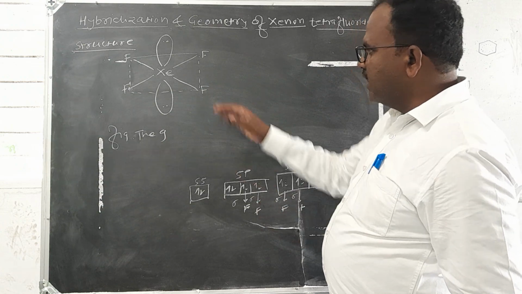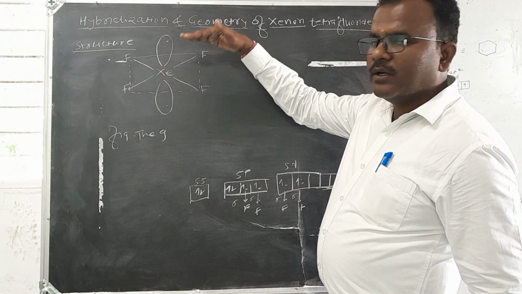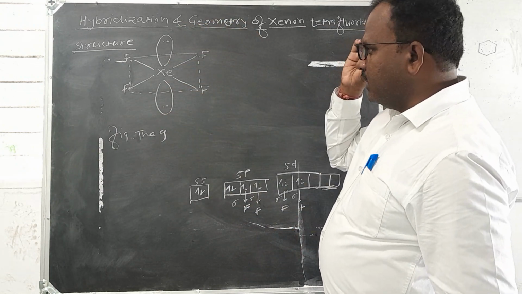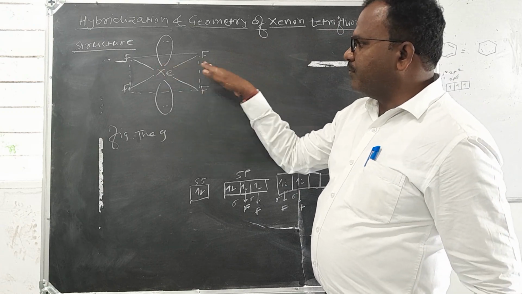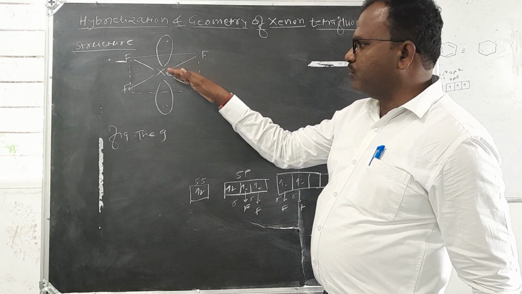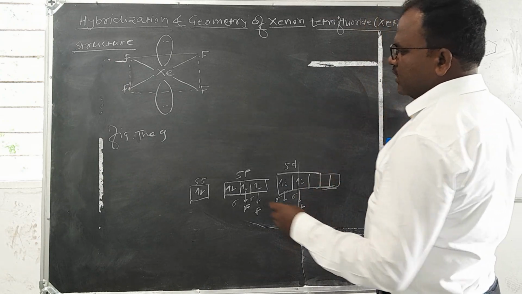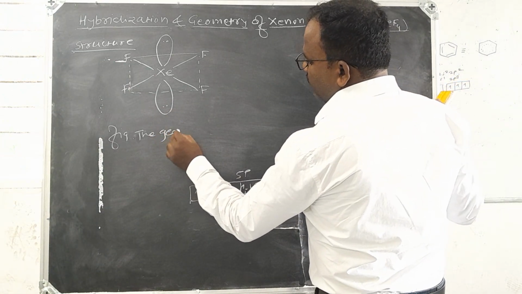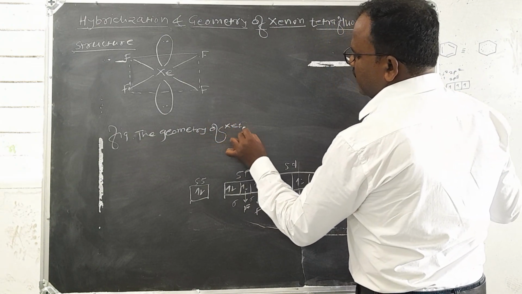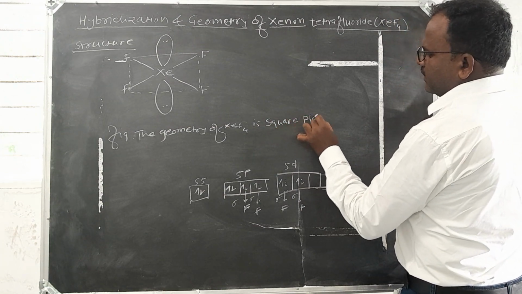These four bond pairs lie at the equatorial positions, and of the two lone pairs, one is present above the plane and another below the plane. The bond pairs of the four fluorine atoms lie at the equatorial positions, forming a square planar geometry. The geometry of xenon tetrafluoride is square planar.